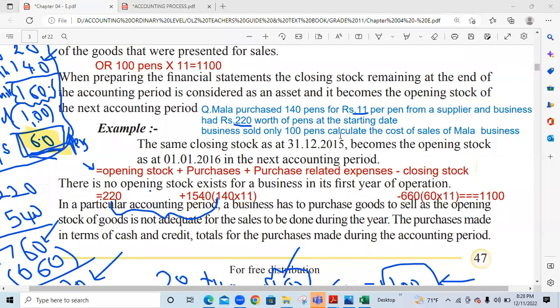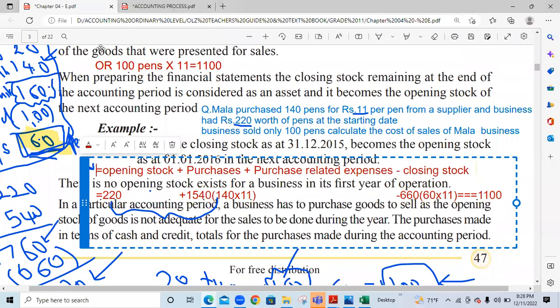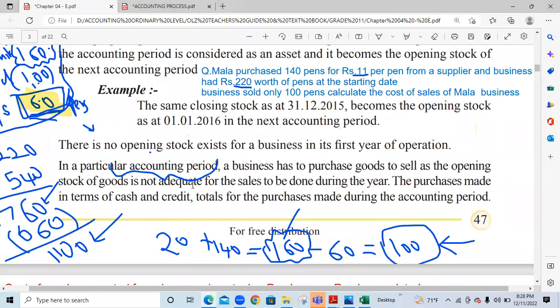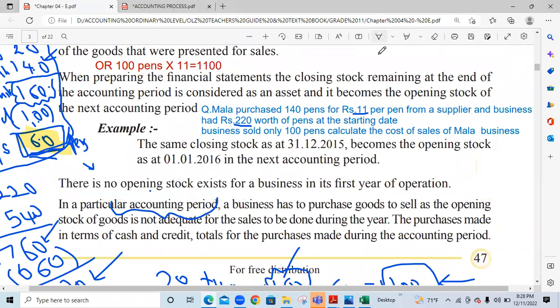What is it? Grade 10, you would have studied. Except for capital, all the other opening balances we assume are zero. Very good. Opening capital. If you are a newly started business, except for opening capital, all the other balances are zero. I hope you note it down.